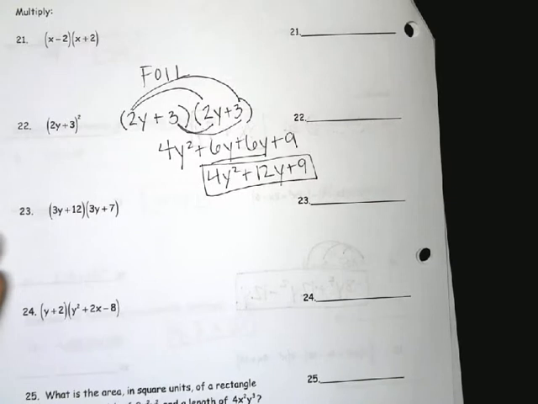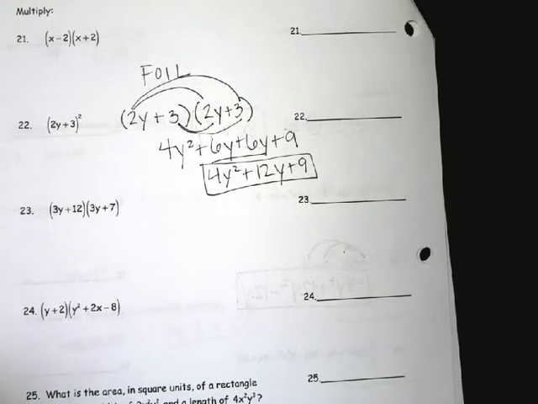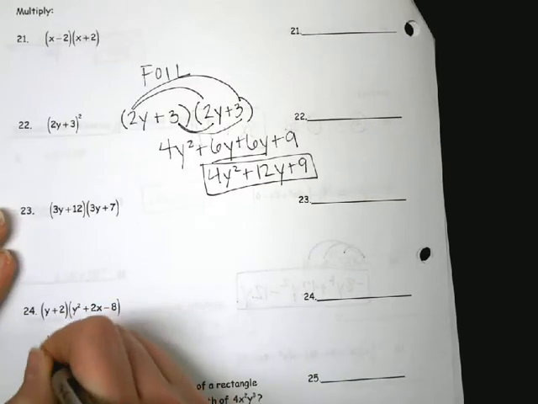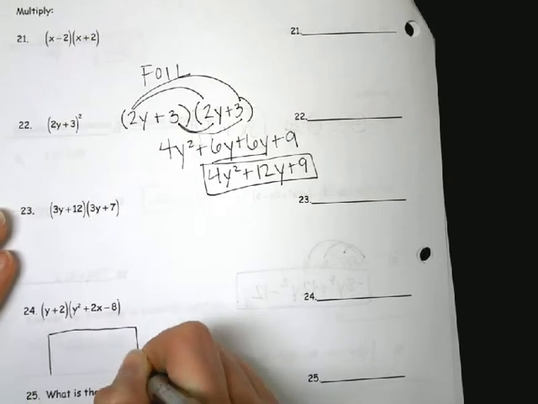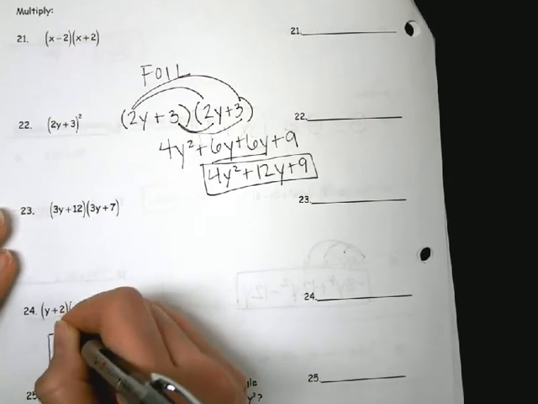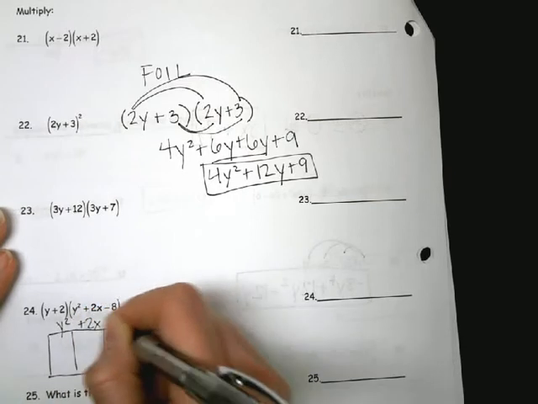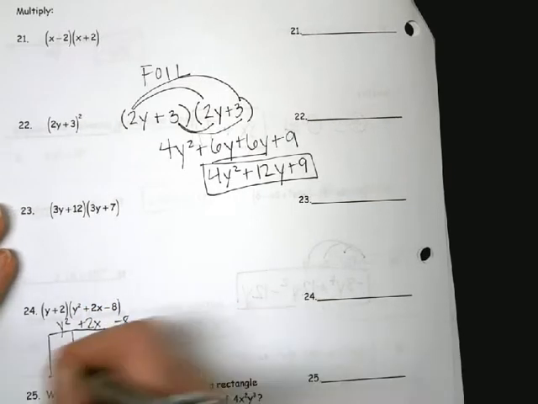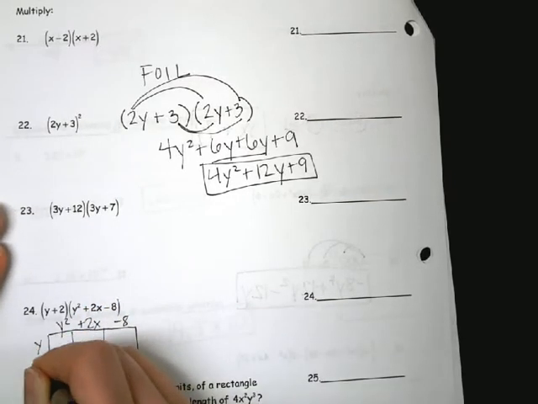Number 24 is kind of complicated. We've talked about how you can make a table for this, or you can do the rainbows. It's up to you. If you were going to make a table, I would encourage you to do 3 by 2. So put y squared plus 2x minus 8 up there, and then y plus 2 right here.